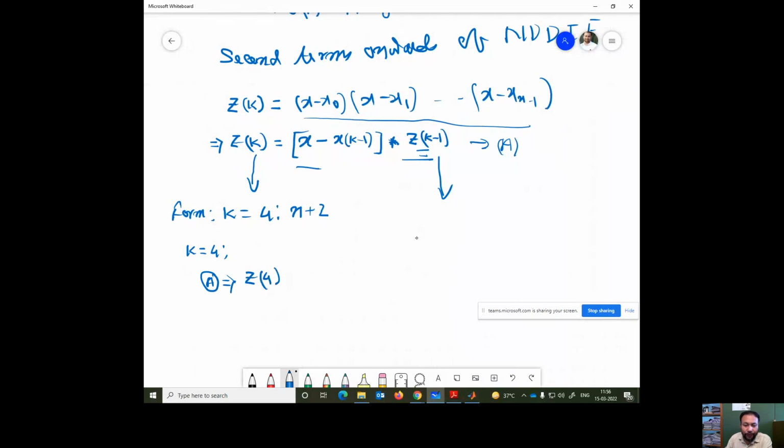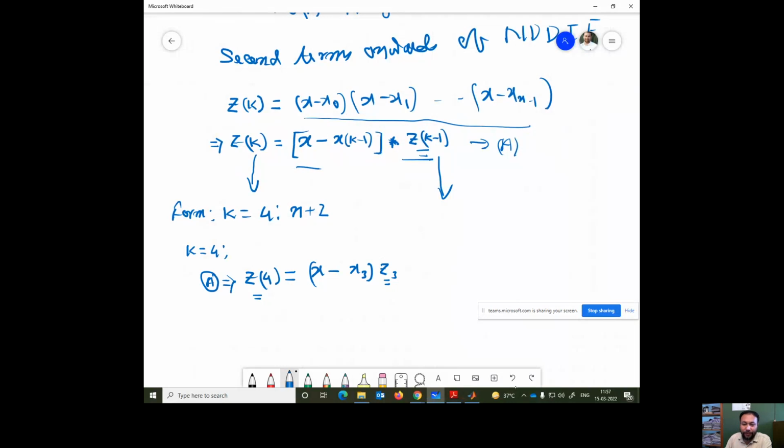Z4 is equal to x minus x3 into z3. If the value of z3 is estimated, I can find the value of z4.